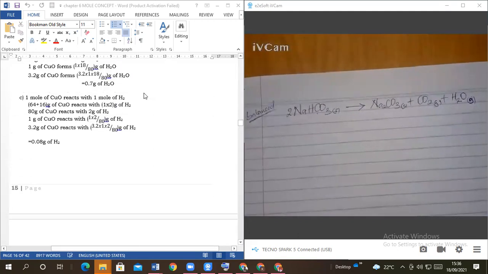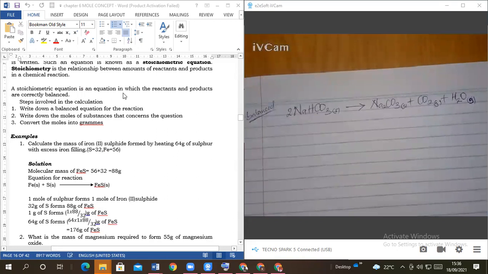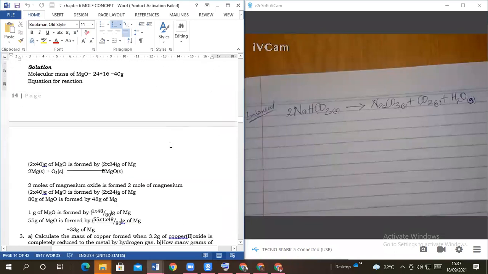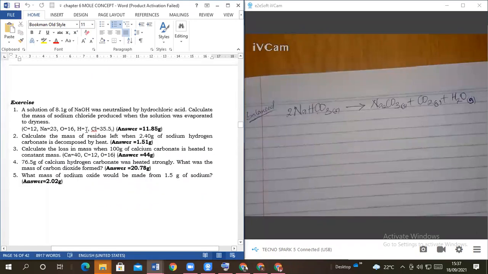The main idea of this is to write a well-balanced equation for the reaction. That's number 1. Number 2, write down the moles of substance that concerns the question. What is the question saying?